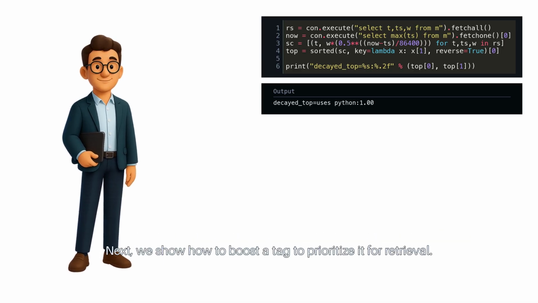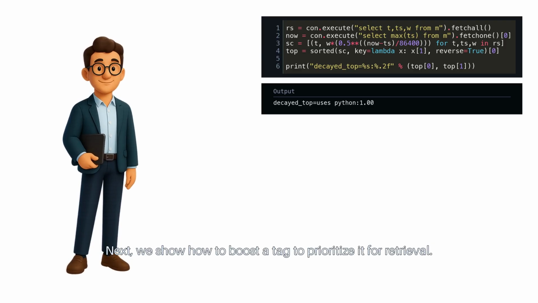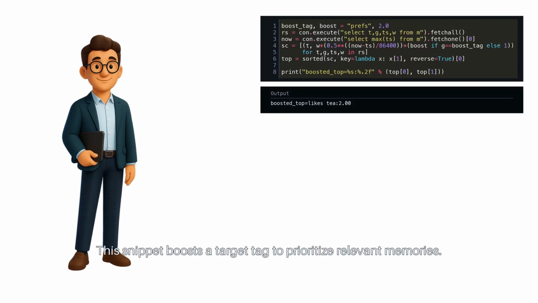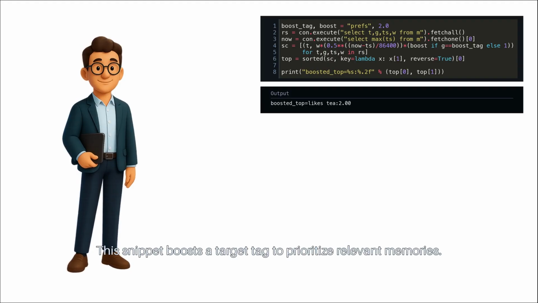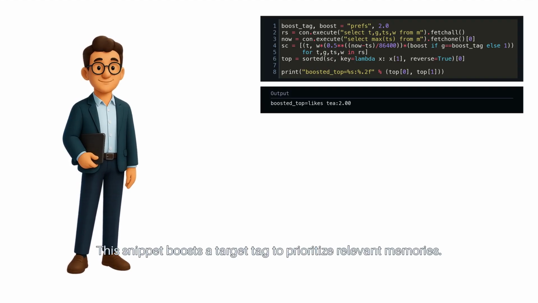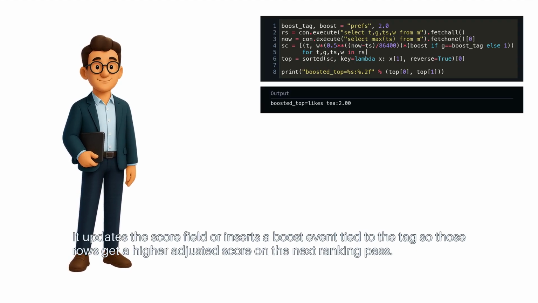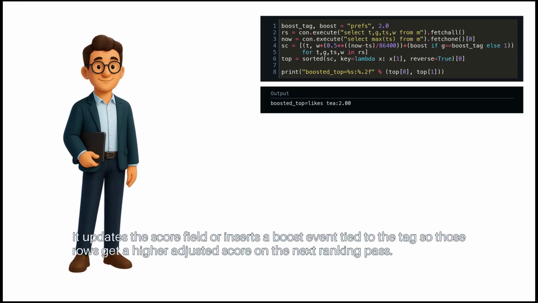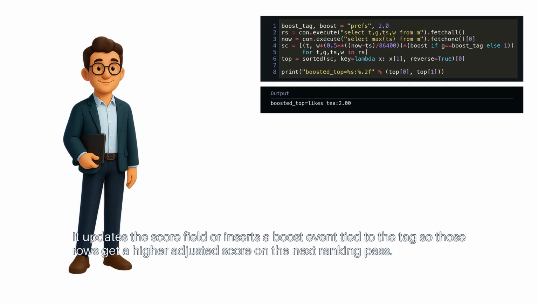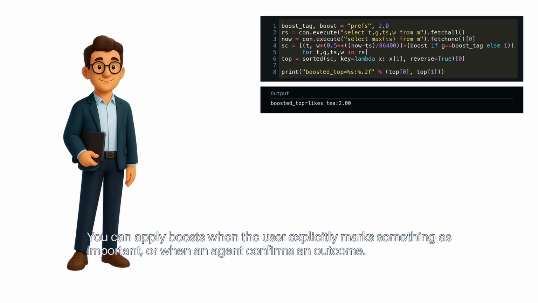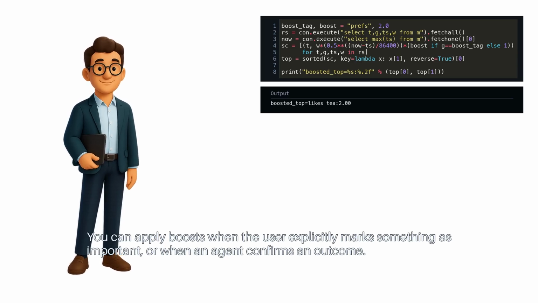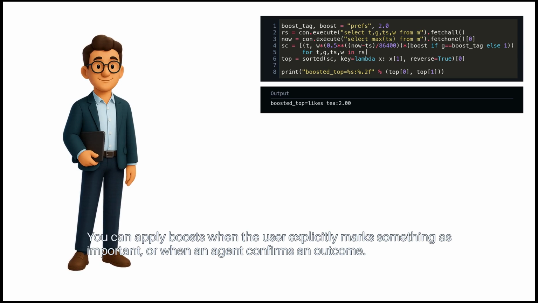Next, we show how to boost a tag to prioritize it for retrieval. This snippet boosts a target tag to prioritize relevant memories. It updates the score field or inserts a burst event tied to the tag, so those rows get a higher adjusted score on the next ranking pass. You can apply boosts when the user explicitly marks something as important, or when an agent confirms an outcome.